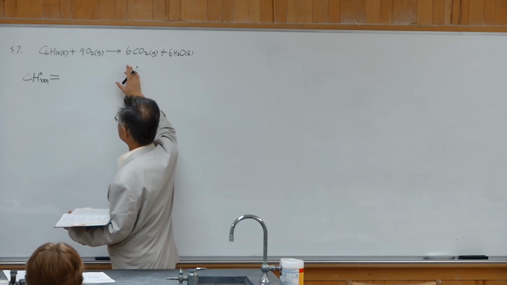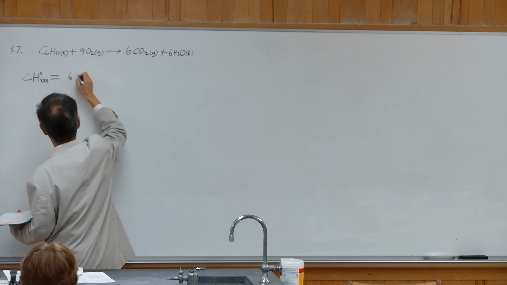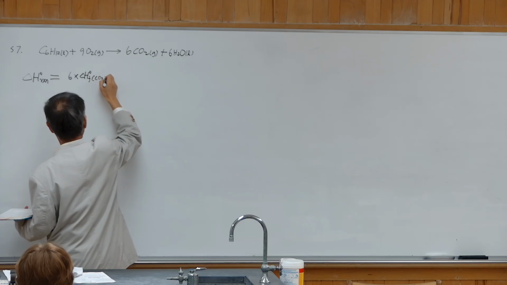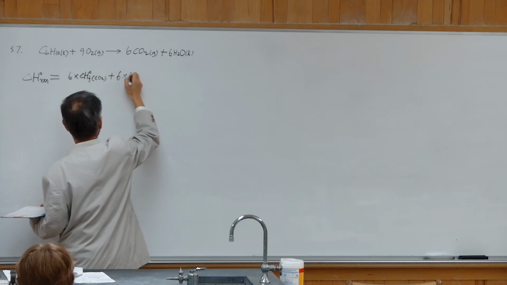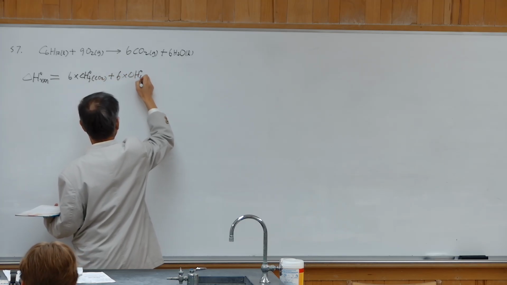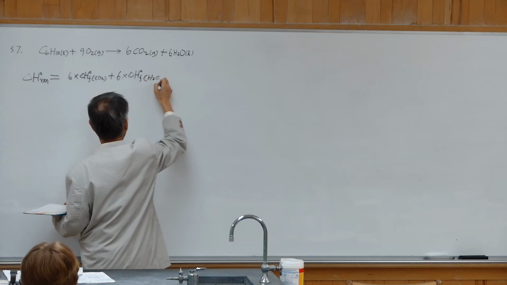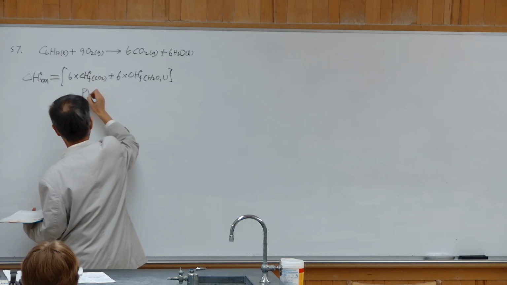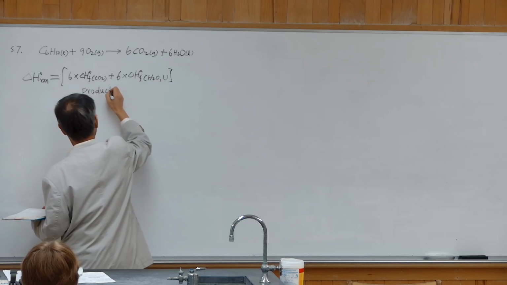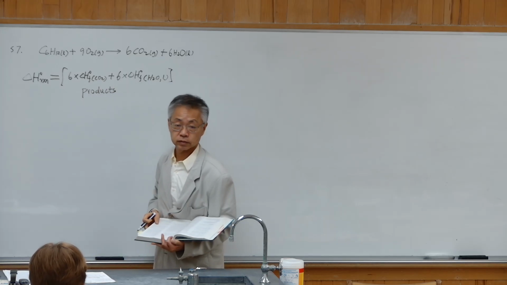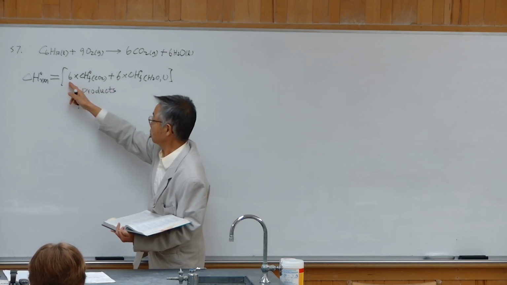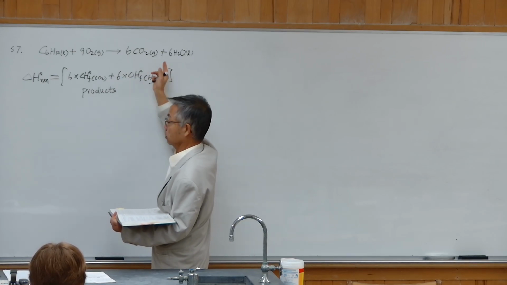Products, you have 6 moles carbon dioxide and 6 moles liquid water. These two products, right? So total standard enthalpy of formation from products. This number comes from the balanced equation.